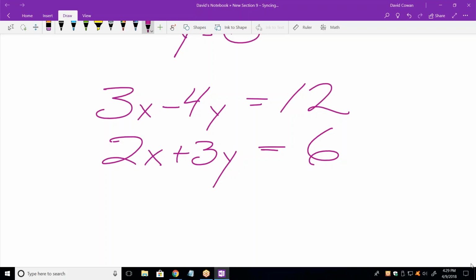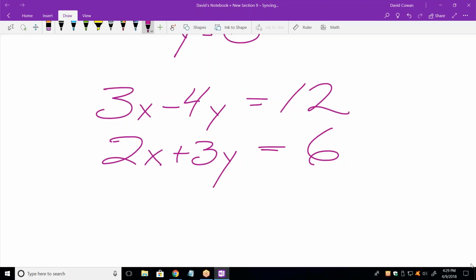So, am I going to use elimination or substitution? Elimination. Can I eliminate a variable by just adding or subtracting? No. Can I multiply one of the equations only by a number and then eliminate a variable?